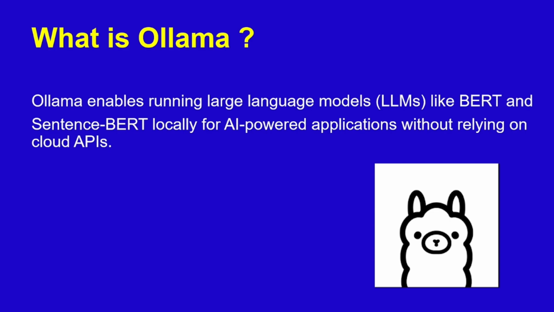You can run any model on your machine by just installing Ollama. So by using Ollama, we need not buy a key or API from any cloud provider. You can run all the LLMs locally from your machine. That's the main usage, or beauty, of Ollama.